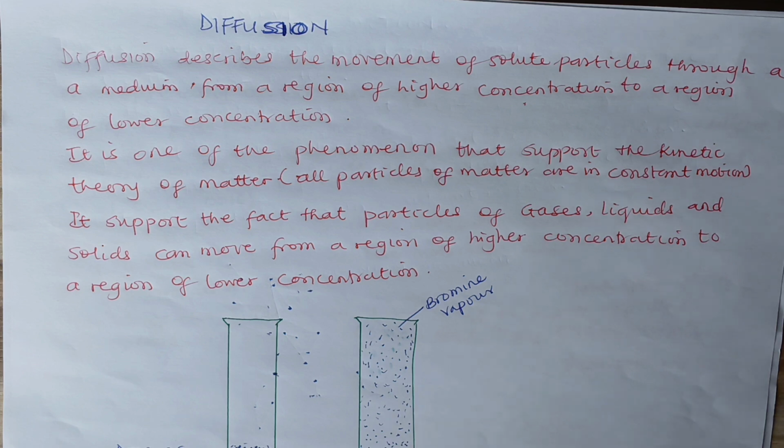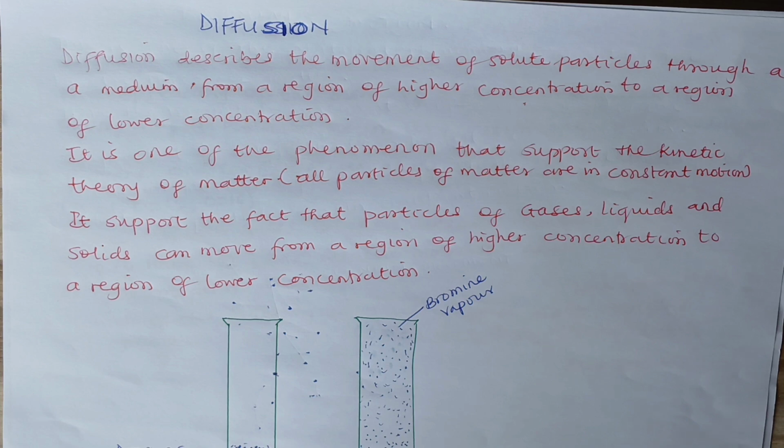This shows that solid particles or liquid particles in another liquid are always moving. They are always moving continually, especially from a higher concentration to a lower concentration. Osmosis is another phenomenon, which is a special form of diffusion, whereby there is this movement of solute particles from a region of higher concentration to a region of lower concentration through a semi-permeable membrane.